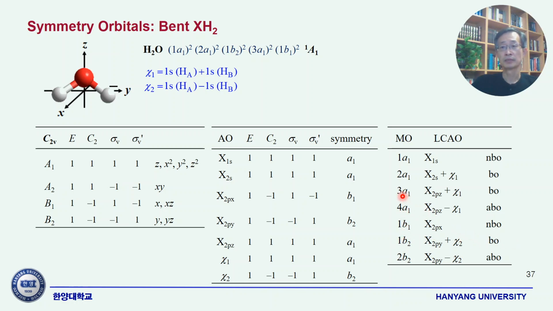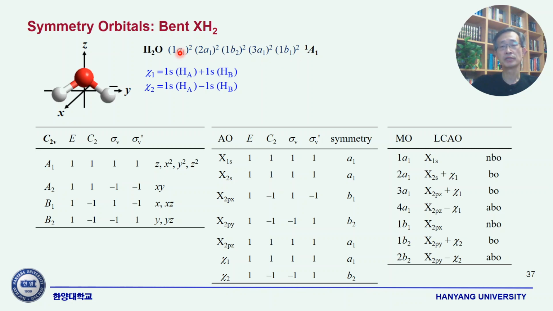And then 3A1, the reason being that the p orbital is this way and the pz orbital is that way, so it has less overlap, I guess. So this is the order: 1A1, 2A1, 1B2, 3A1, and then the non-bonding 1B1. So this is the orbital order in energy.